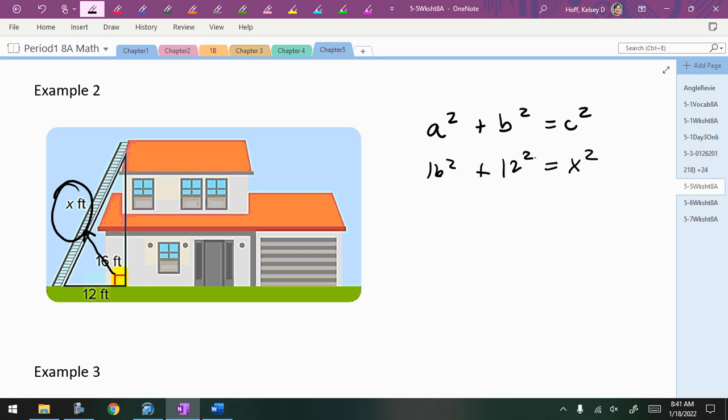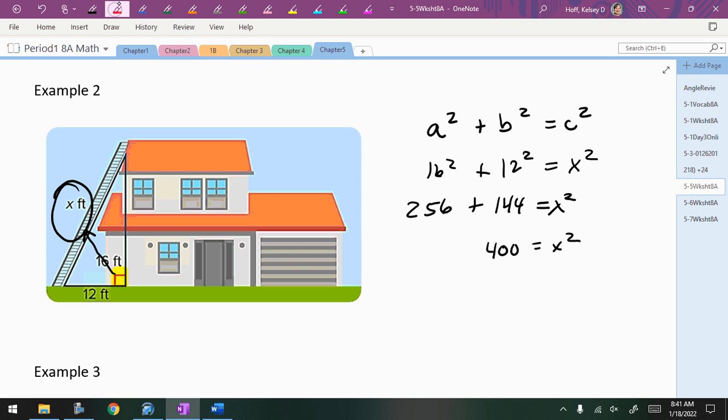Don't add them yet. 16 squared, what'd you guys get? 256 plus 12 squared is 144. Now I need to add those two together. 256 plus 144, 400.